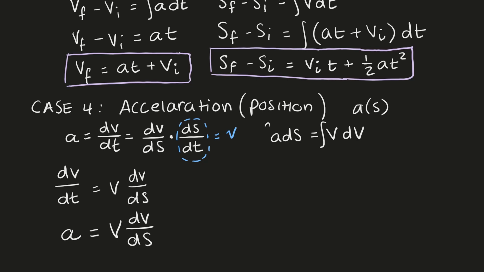And if I were to take an integral of both sides, what would I get? Well, on this side, I'd get 1/2 v final squared minus 1/2 v initial squared. And I could say that is equal to the integral of a ds. And if we're assuming that a is a constant, and only if a is a constant, then I'm able to say that a times s final minus s initial.